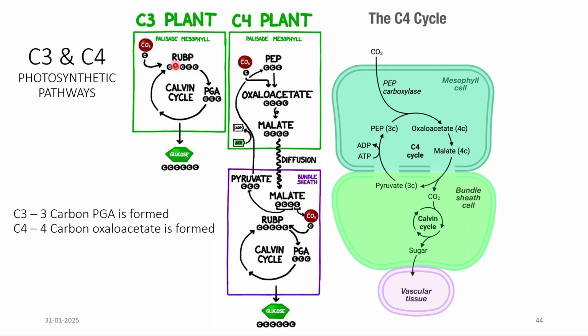In the cycle for C4 plants, carbon dioxide is not available in free form to RuBP. It is sent to the bundle sheath cell in the form of malate, where malate is reduced to carbon dioxide, and then the remaining carbon molecules form pyruvate and are sent back to the palisade mesophyll cell.